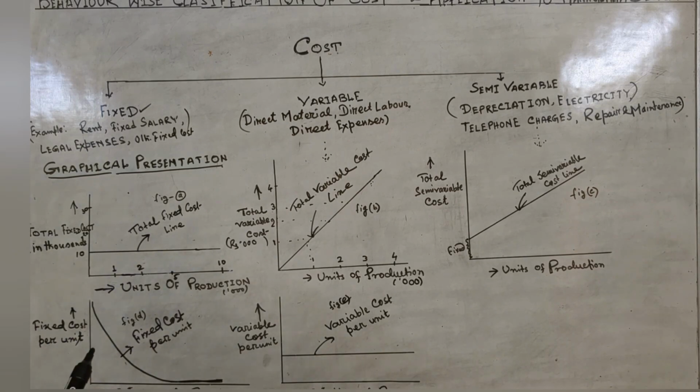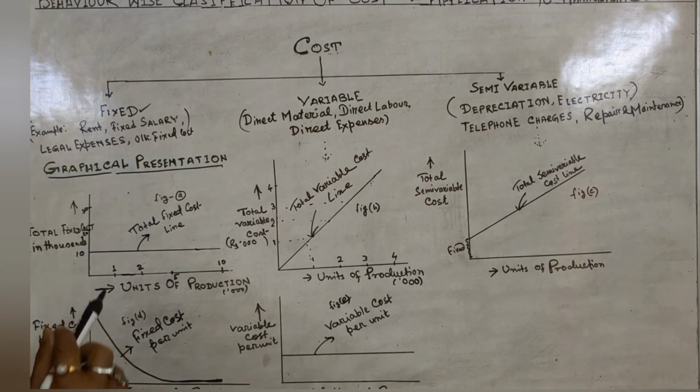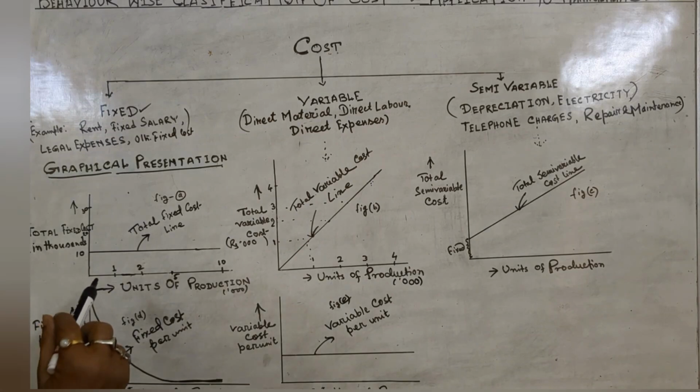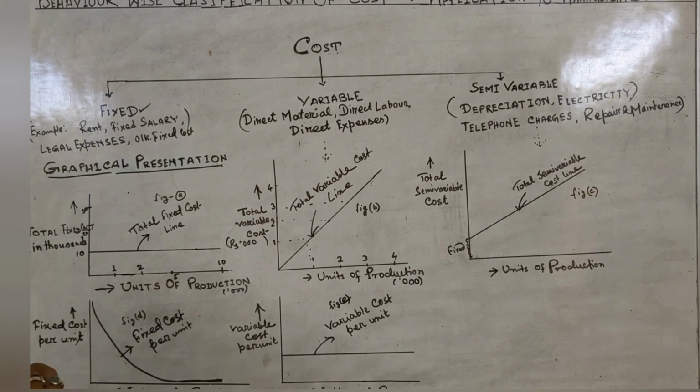Say factory rent. Now we are considering the period, say 1 month. The 1 month rent is say 10,000. So if you produce 1 unit or no unit, still you have to bear 10,000 of cost.